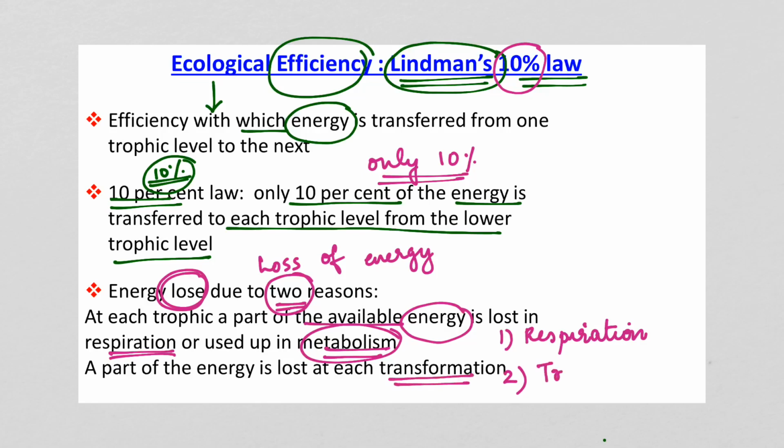So one is respiration and another one is transformation. These are the two reasons according to Lindeman, and understand that according to Lindeman's 10% law, only 10% of the energy will be transferred from one trophic level to the next trophic level.